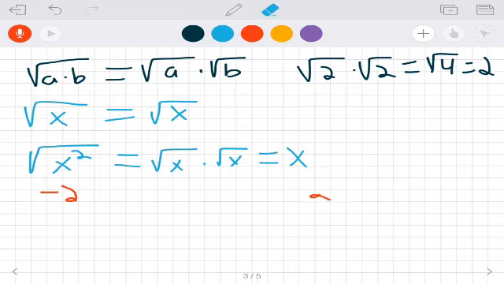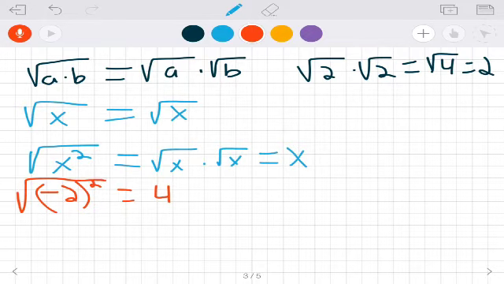So what we need to realize is that when we square something, we take -2 and square it, and that makes the -2 into a +4. So now the square root of -2 squared is the square root of 4, which equals 2.